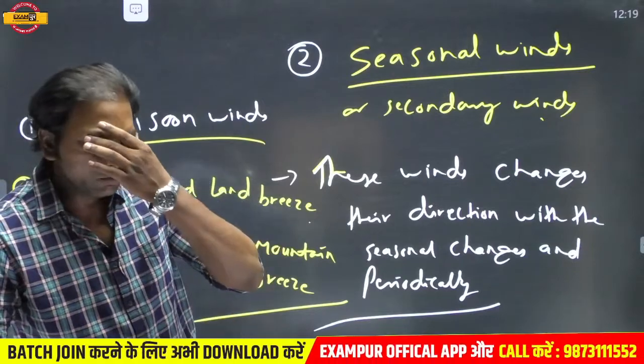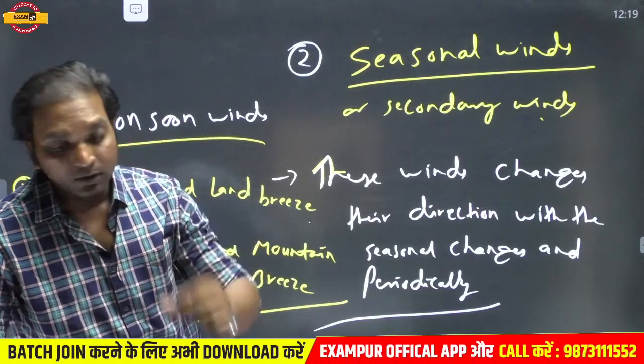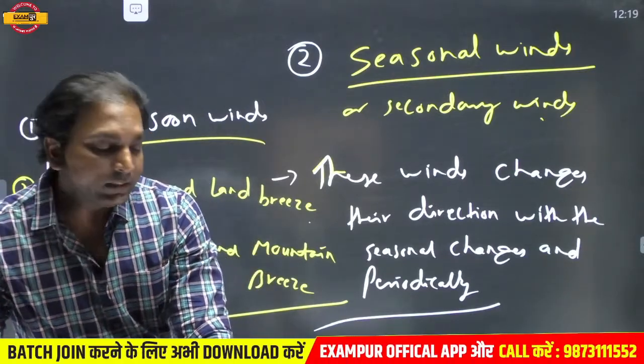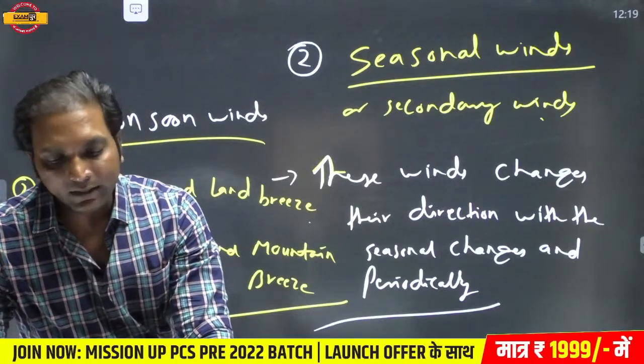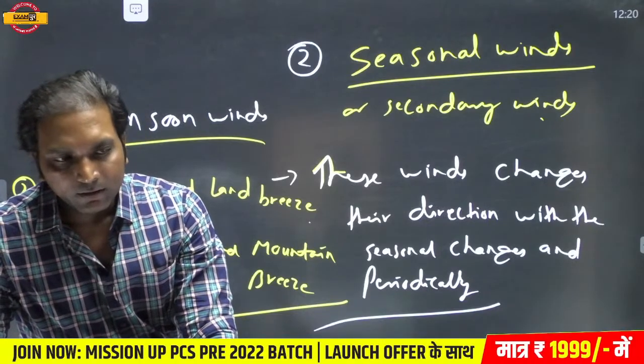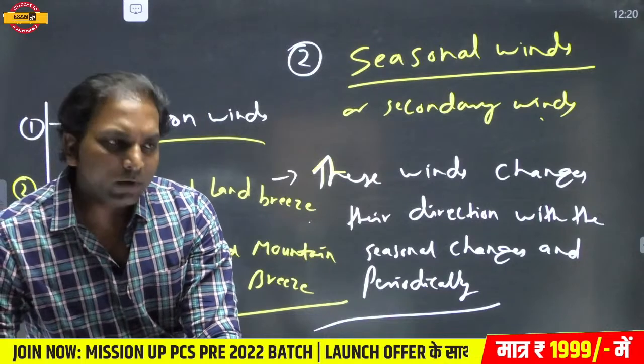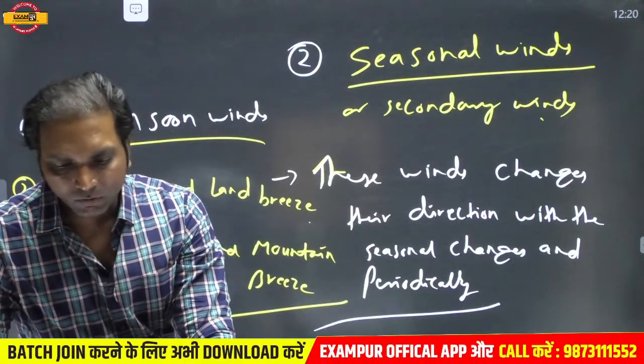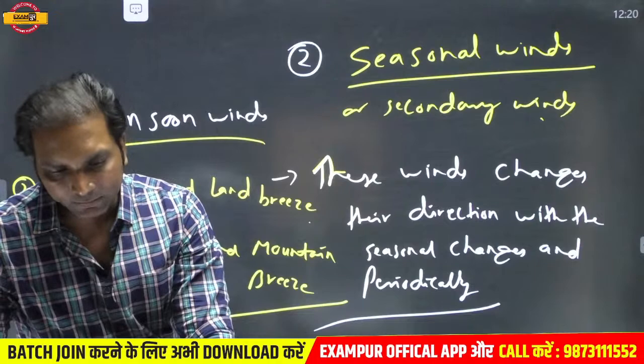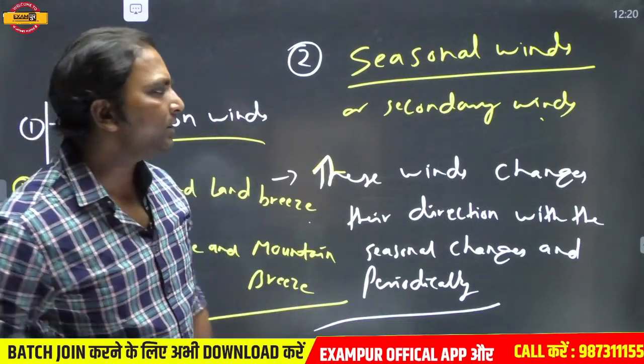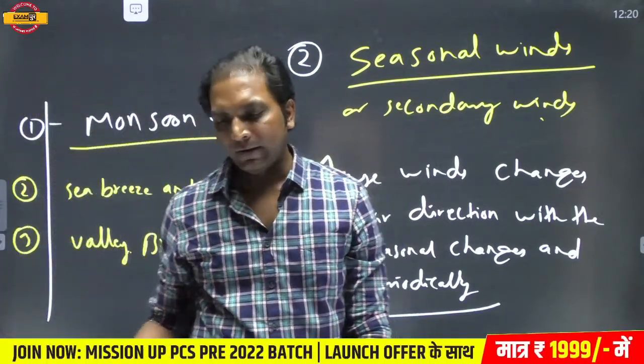So what are the monsoon winds? It is a seasonal wind found especially in Asia that reverses its direction between summer and winter, and often it brings heavy rains.